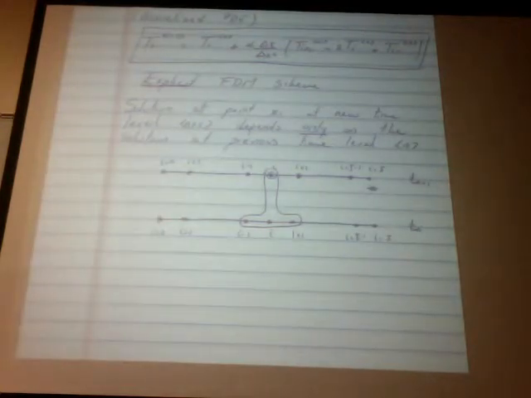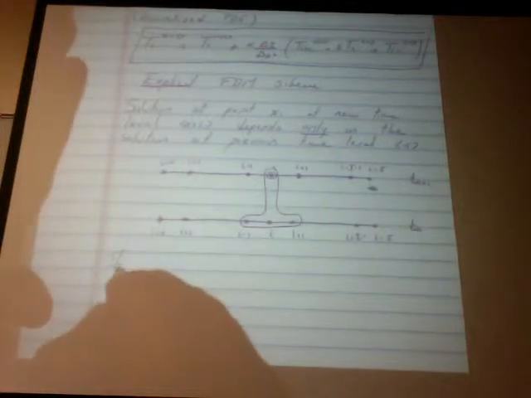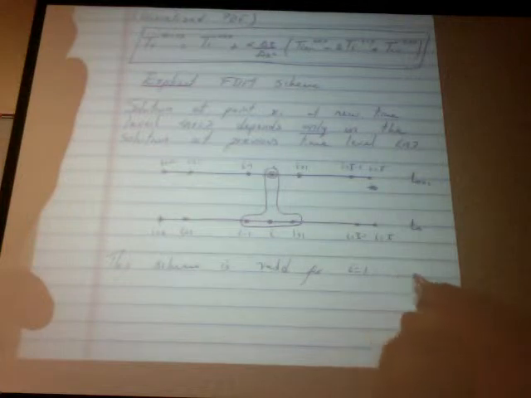We haven't addressed that yet. Okay. So this scheme is valid for I equal 1 to I minus 1, every node, excluding the end nodes.